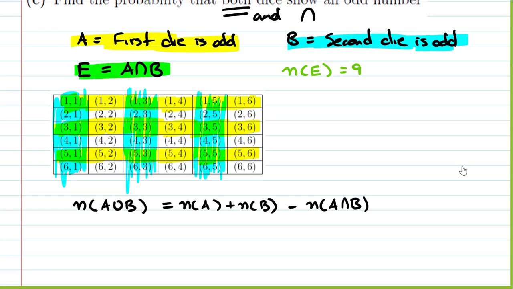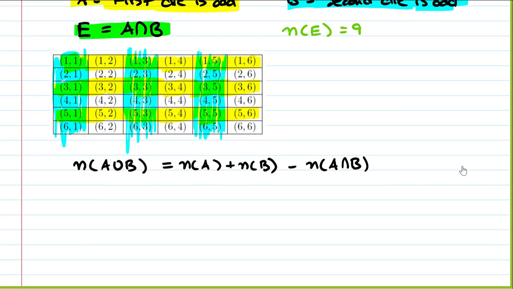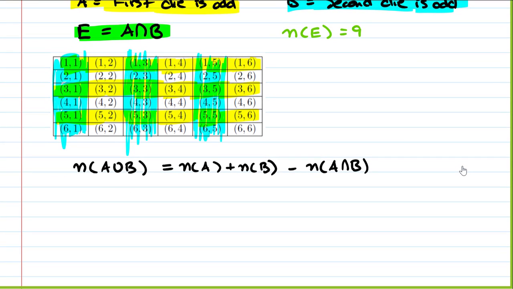You can use it to solve for any of these numbers. So the number of things in A union B would be everything that was colored in. So it might be easier to count the things that aren't. We had 1, 2, 3, 4, 5, 6, 7, 8, 9 things not covered in.